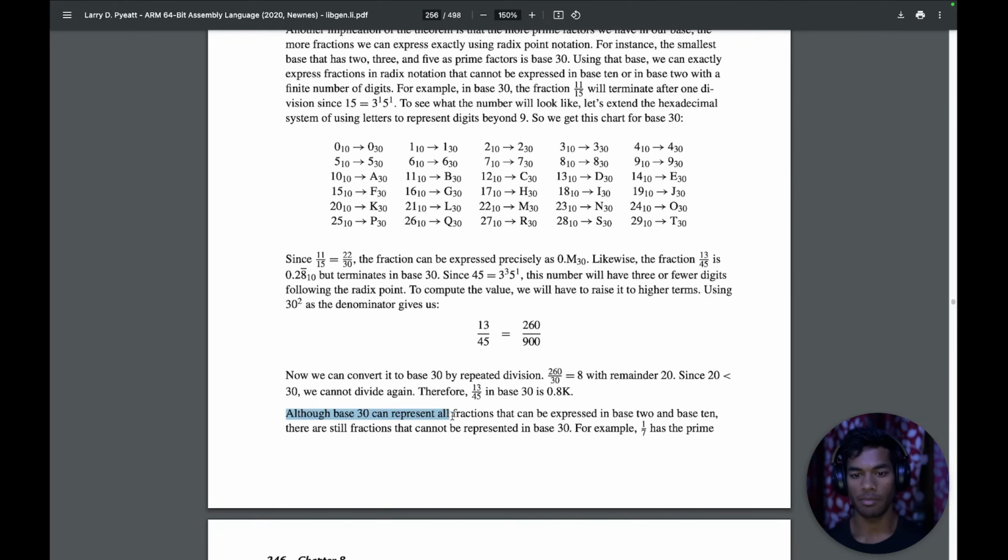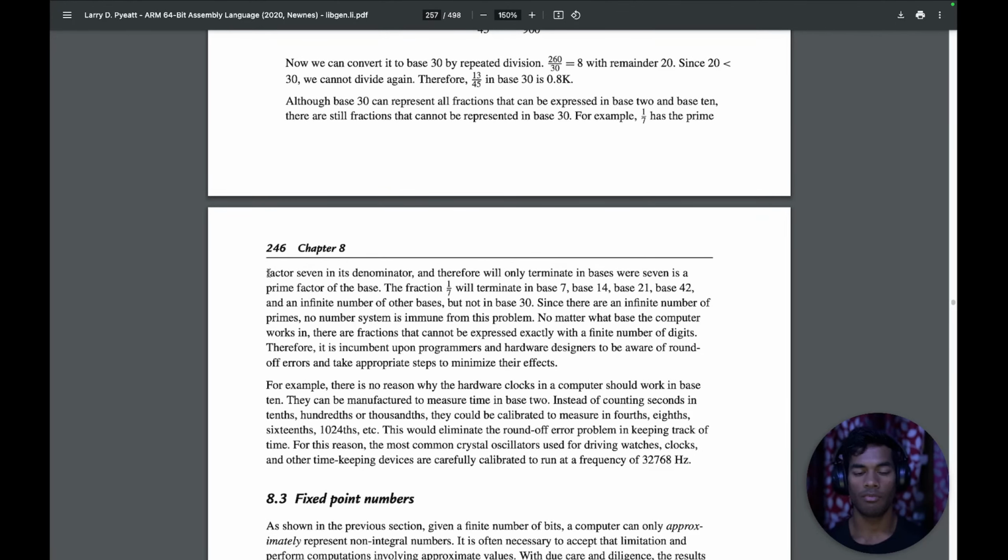Although base 30 can represent all fractions that can be expressed in base 2 and 10, there are still fractions that cannot be represented in base 30. For example, 1 by 7 has the prime factor 7 in its denominator, and therefore it will only terminate in a base that has 7 as a prime factor.